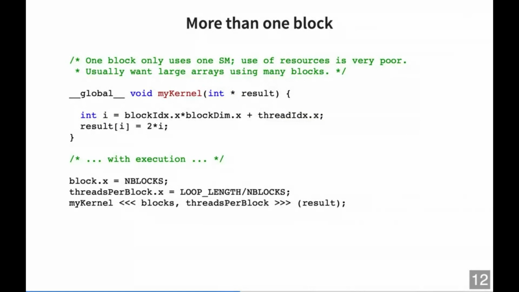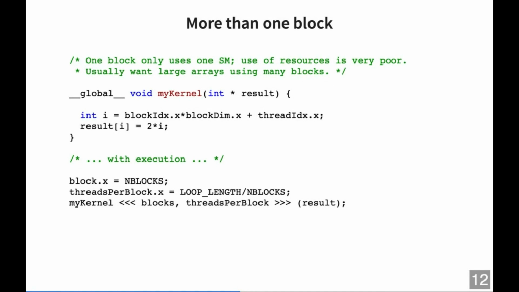Okay, so that is potentially limiting in that we've only used one block, which may limit us to the use of one streaming multiprocessor. So we want to typically have very many blocks.